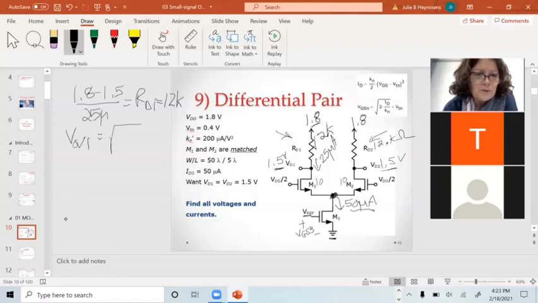VOV1 is going to equal the square root of 2ID1 over Kn, and that's Kn, not Kn prime, W over L. And we plug in the numbers that we've got here, the 25 microamps, the Kn is, it's an N type, so 200 times W over L is 10. And we get VOV1 is 0.158 volts.